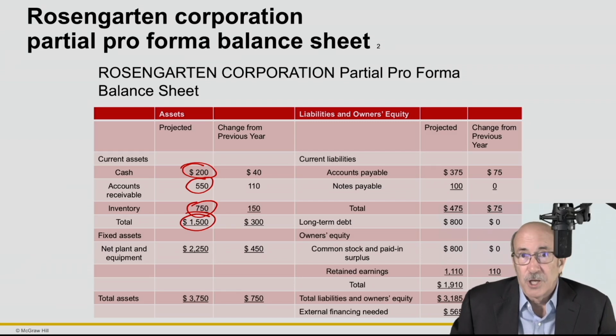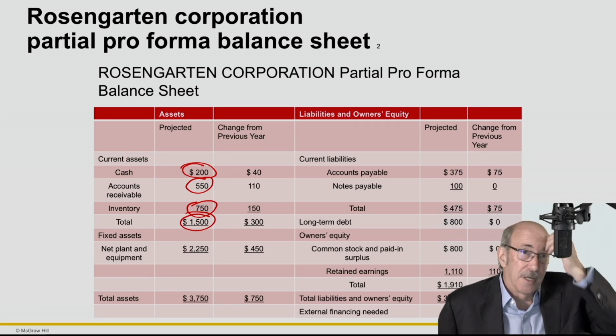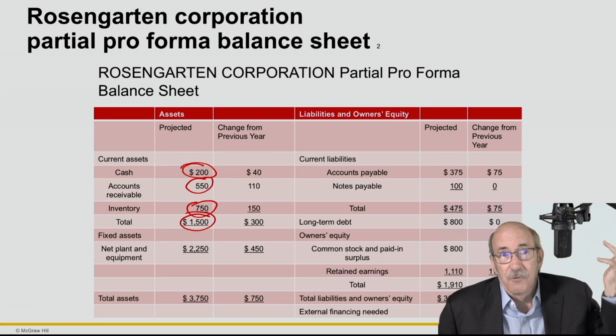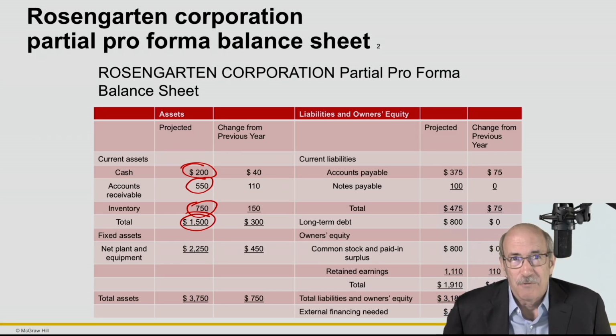So that's going to bring up our current assets to 1,500 instead of the 1,200 we had before. We're also assuming, in fact this assumption is implicit, that we're already at 100% capacity, so we're going to have to expand our plant, property, and equipment. And the other interesting thing is that we're just expanding it by the amount of growth for next year.